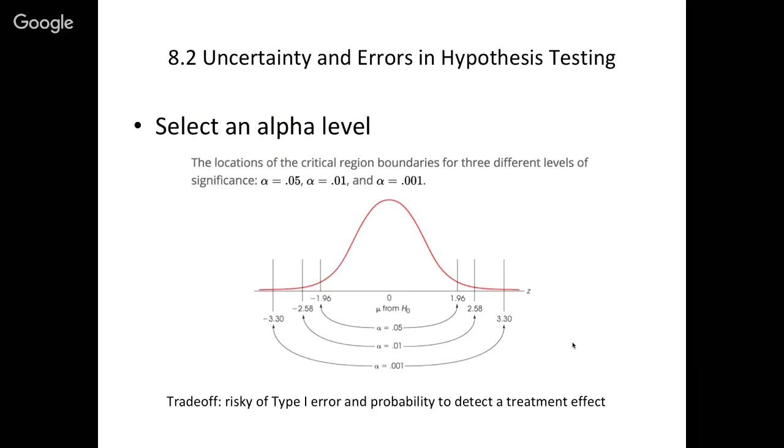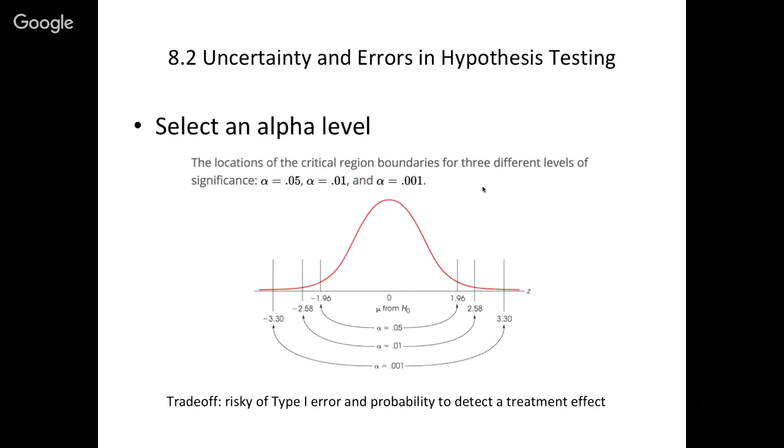But during this course, I will not ask you to select an alpha value. I will tell you what alpha value we are going to use to solve a certain question. Typically, we use 0.05, 0.01, or 0.001.